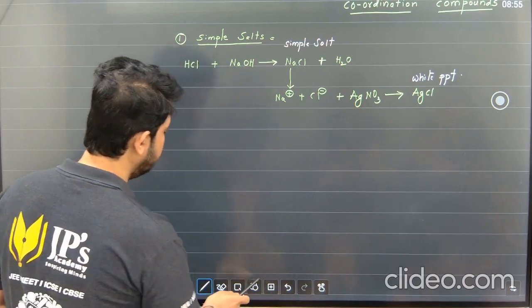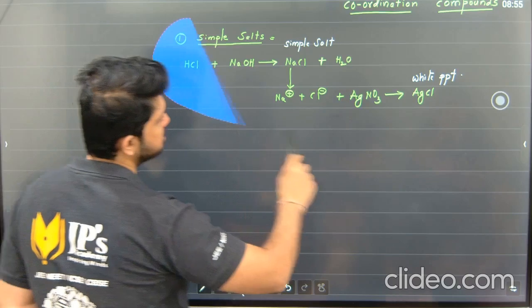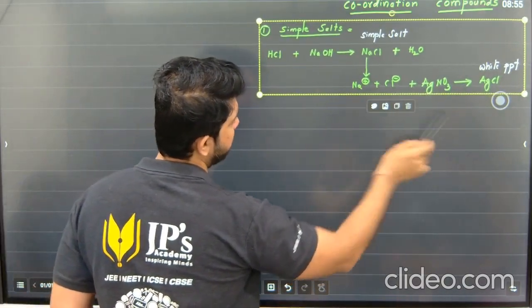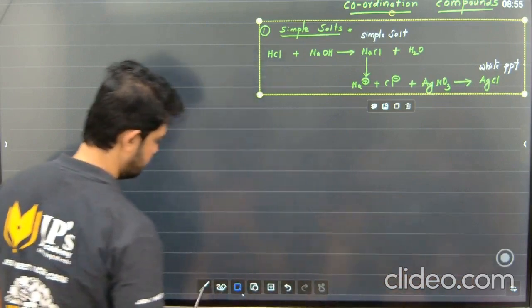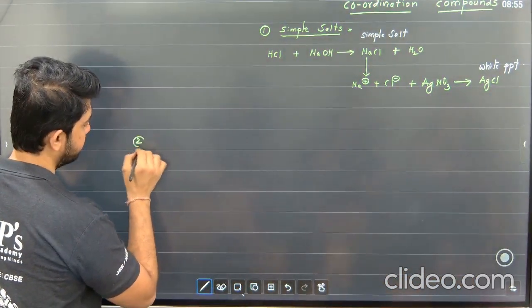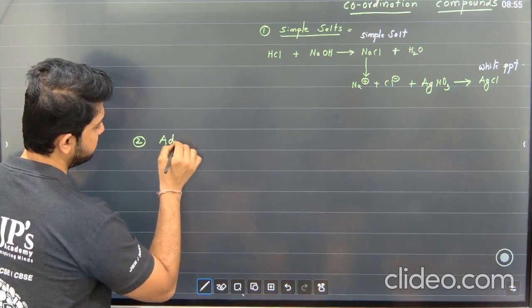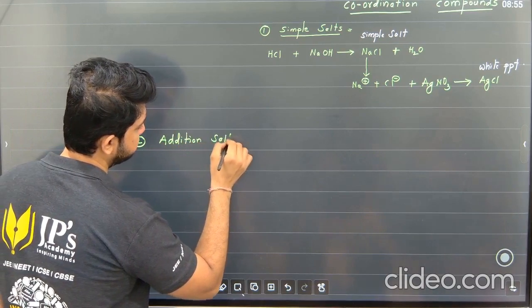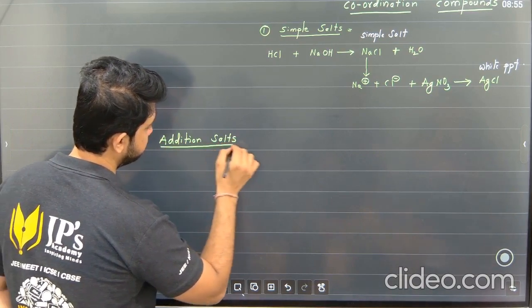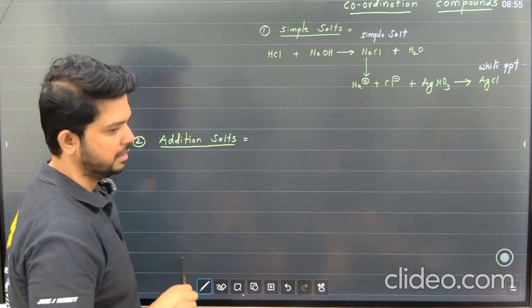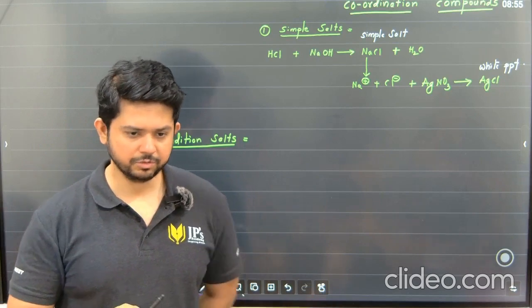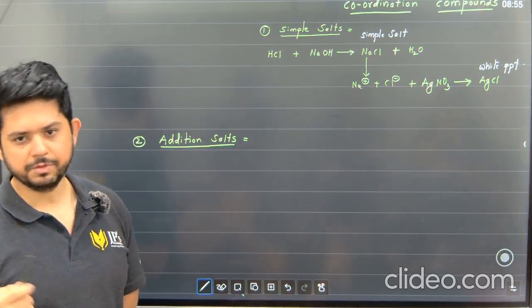Now the second category of salts, they are called as addition salts. Molecular addition salts, या simply कभी कभी हम लिखते हैं उसको addition salts. As the name suggests, they're formed by addition of different salts. और इसका भी further category है.